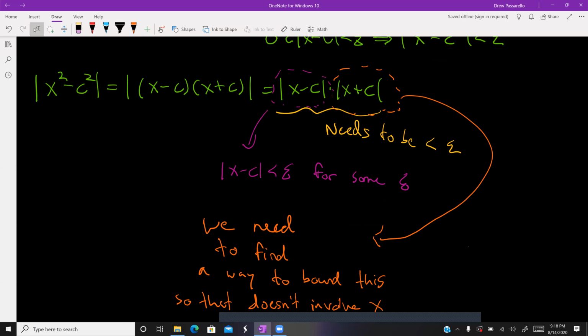So we need this whole thing, x minus c times x plus c, to be less than epsilon. Well, we know we can make the absolute value of x minus c less than some delta. So we need to find a bound for the x plus c. And once we find that bound, then we can pick our delta in such a way that we get the whole thing to be less than epsilon.